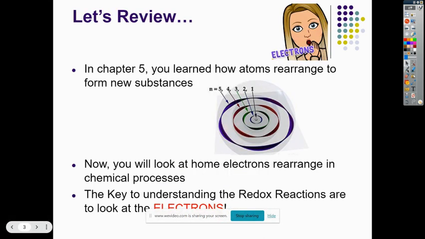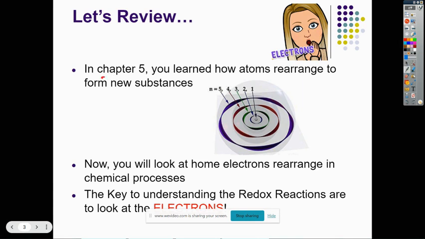So, first, let's review. Number one, back in chapter 5, we learned that atoms rearrange when we did all of our lovely little electrons. Remember, we have our different 1s, 2s, 3s, 3p, etc. Now we're going to look at how these electrons rearrange with each other in order to make different chemical processes happen.